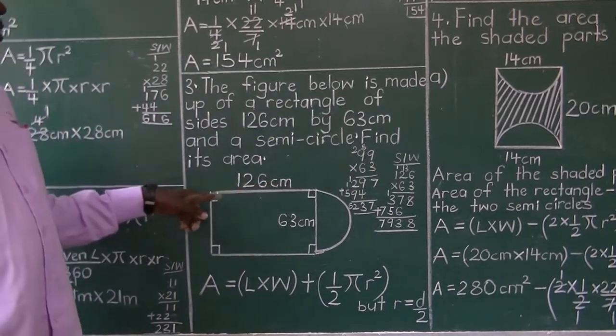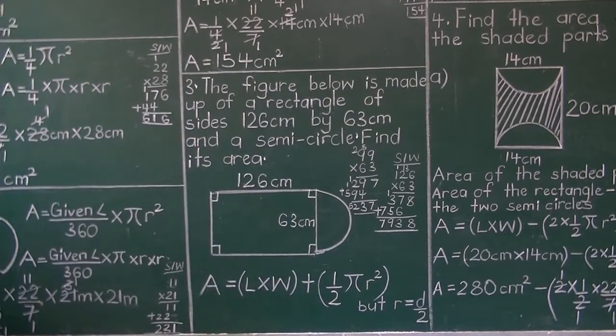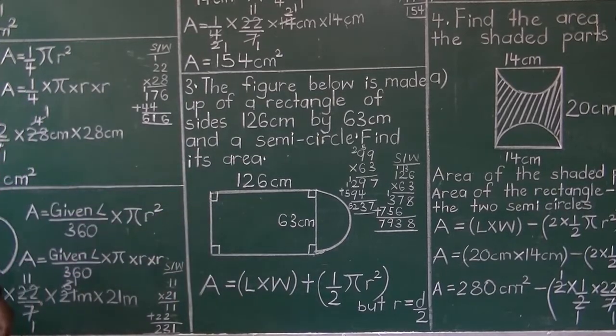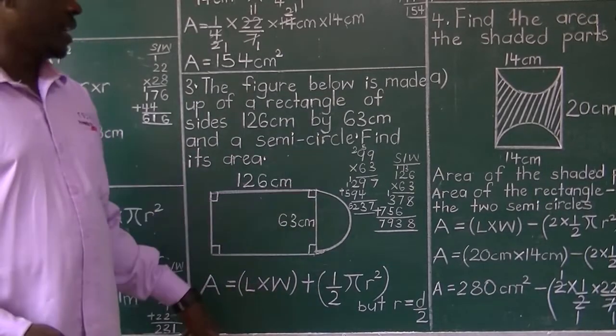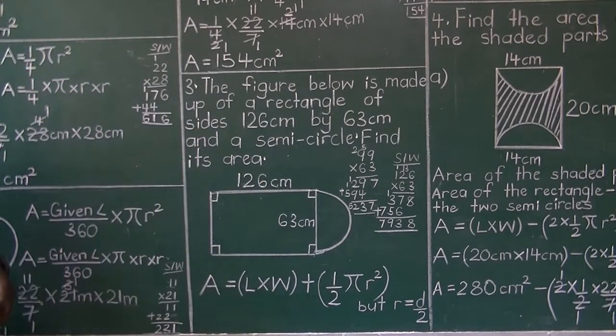The length of that rectangle is 126 centimeters and the width is 63 centimeters. And a semicircle is attached to this rectangle at an end. Then find the area of the figure.